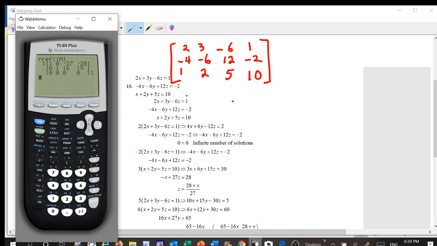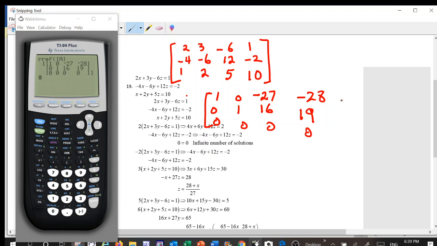So what we get is 1, 0, -27, -28, 0, 1, 16, 19, and 0, 0, 0, 0.